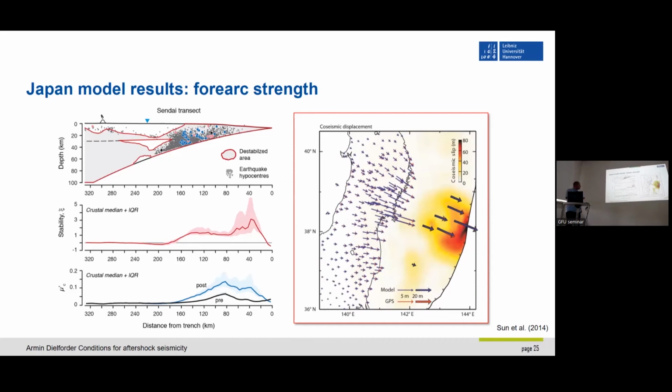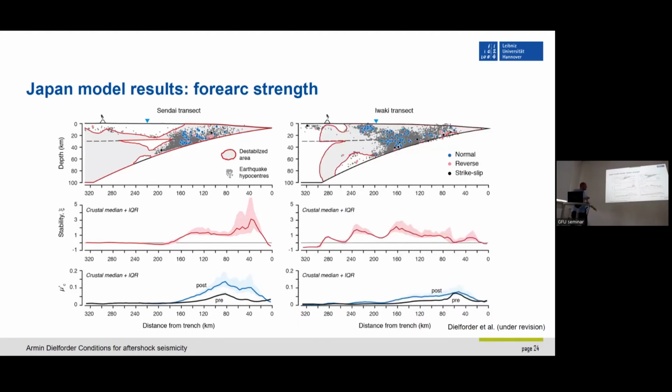And in the southern part, we have much smaller co-seismic displacements, and we have also no or very little slip close to the trench, so the forearc does not get that dilated. And we think this is why we have this broader intensity.